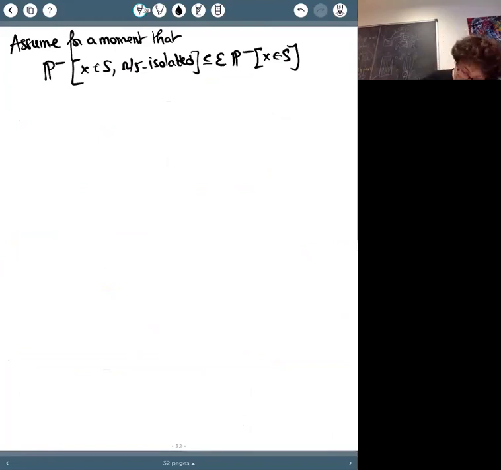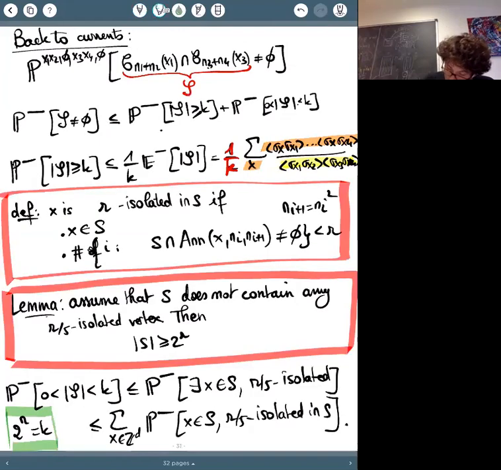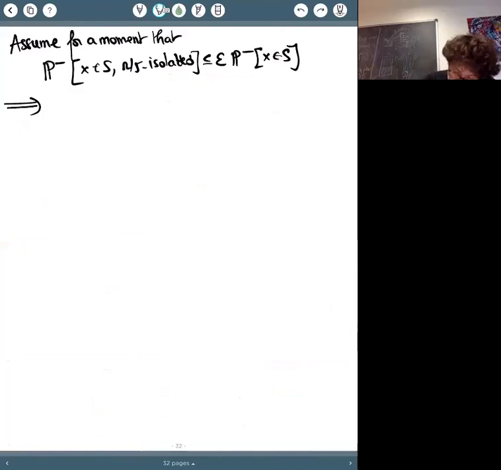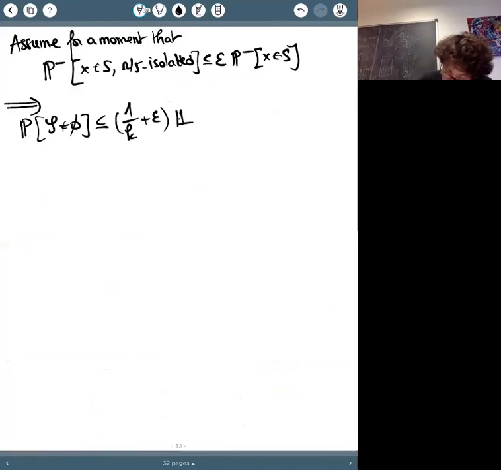If you have that, overall, what you ended up with, if you look at this bound and this bound, is that the probability that S is non-zero is smaller than 1 over k plus epsilon times the expectation of S, which is giving exactly the diagram bound.